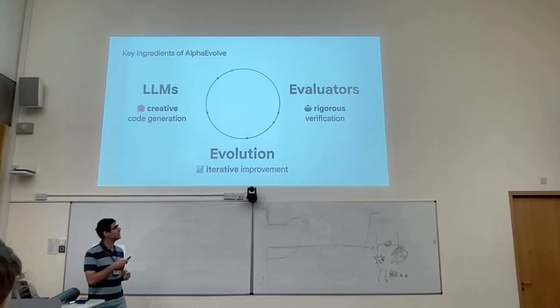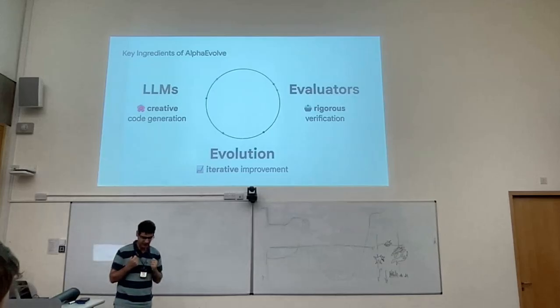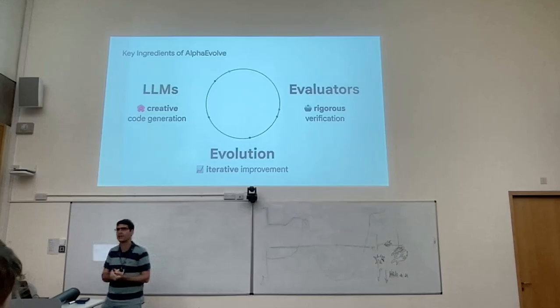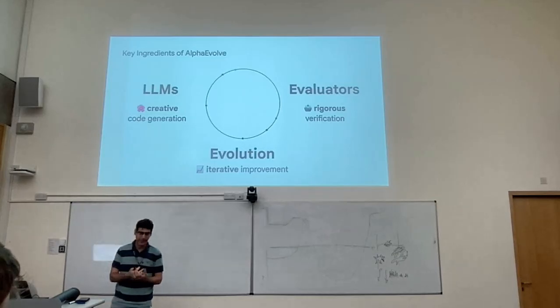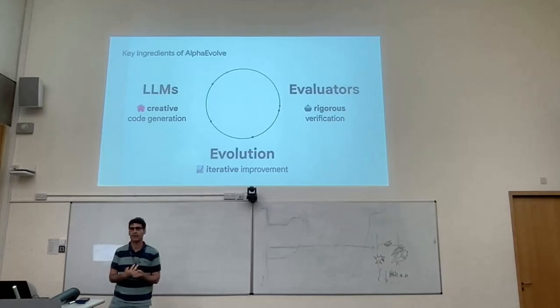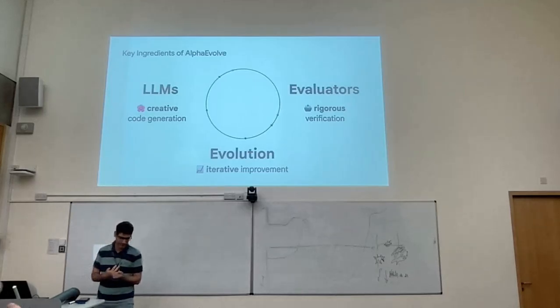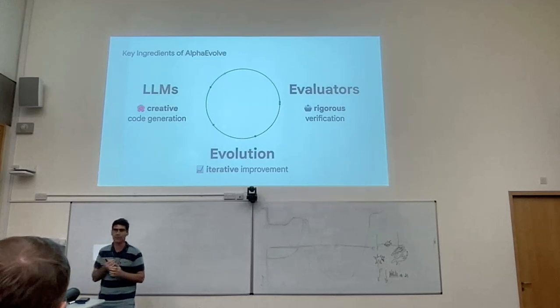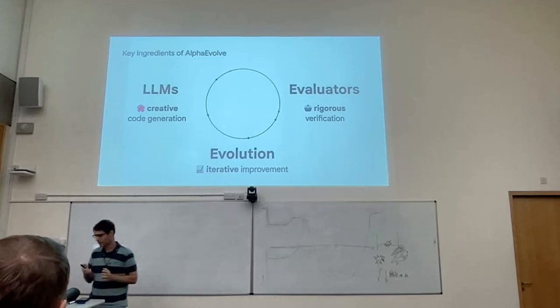Essentially, this evaluator is in charge of 2 things. First, checking that the code runs and is correct, and second, assigning a score to the code, so how well it performs according to some metrics, which can be one metric or multiple metrics.